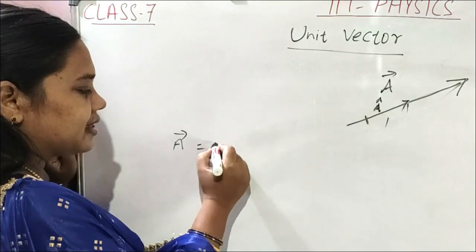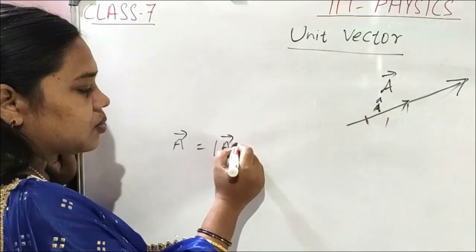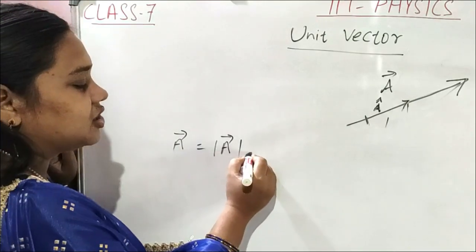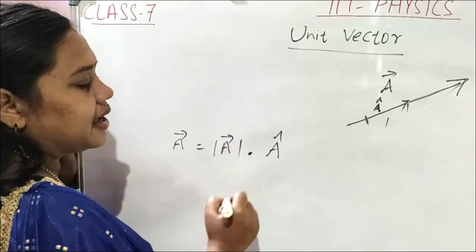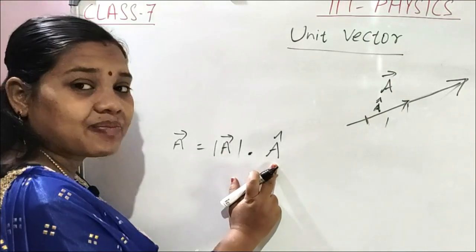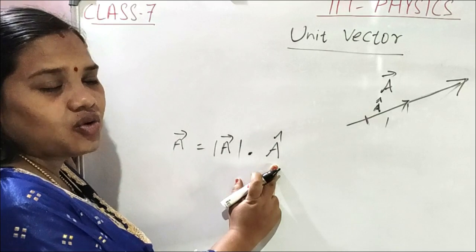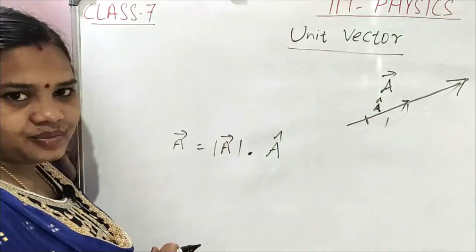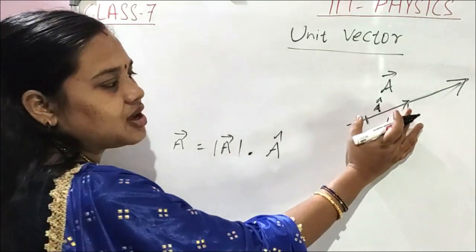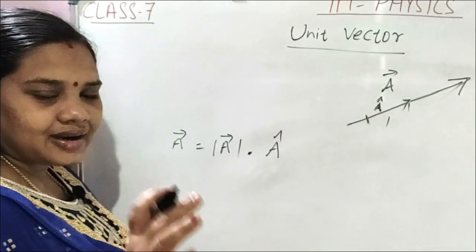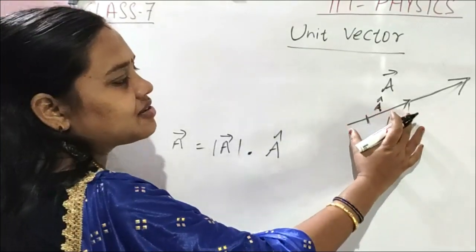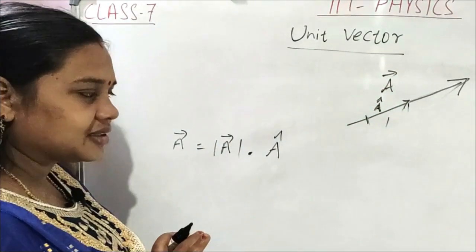The magnitude of vector A will be mod of A, and the direction will be A cap. A cap is the unit vector of vector A. From vector A we have cut a vector with magnitude exactly 1, and this gives the direction of this vector.